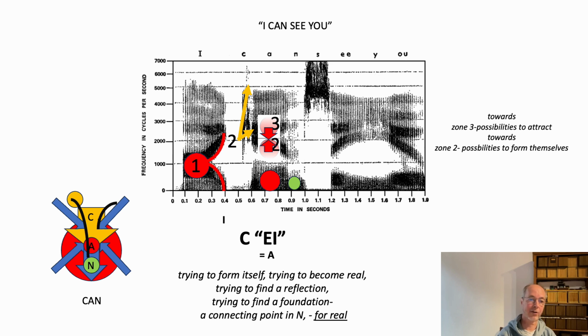So can is trying to include a new element as a foundation so that it can be used as an element. That's more or less the meaning of the word can, and it's more or less the form that can be used for it.